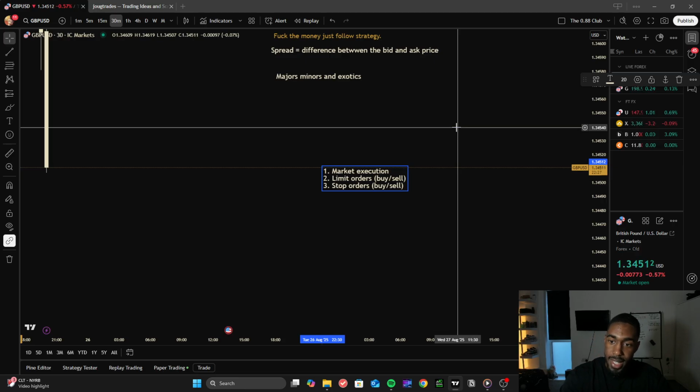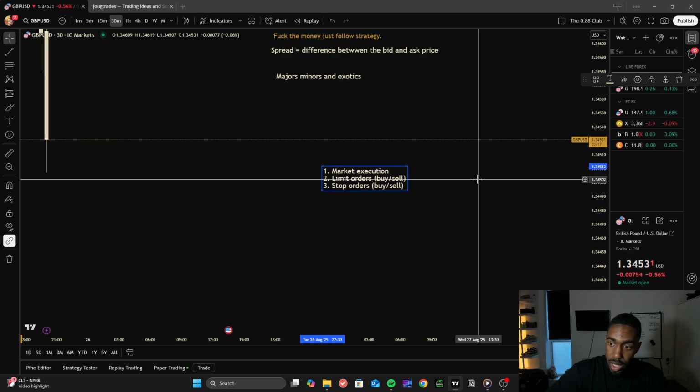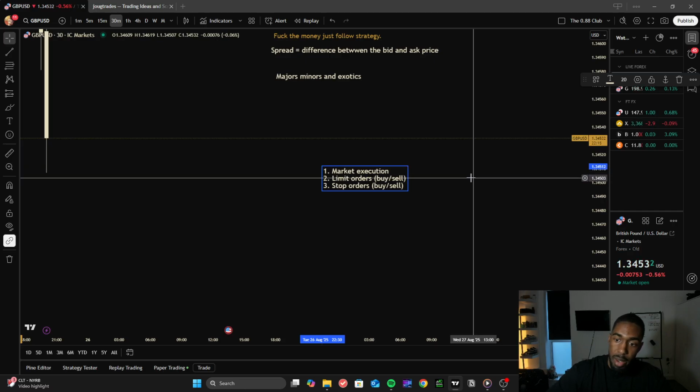Once price gets to this level, the gold line, I'm anticipating that price will go further up with a buy stop. Cool. And then with a sell stop, you can probably guess by now. If I place it at this level, once it gets to here, the gold line, I'm anticipating that price will continue further down.